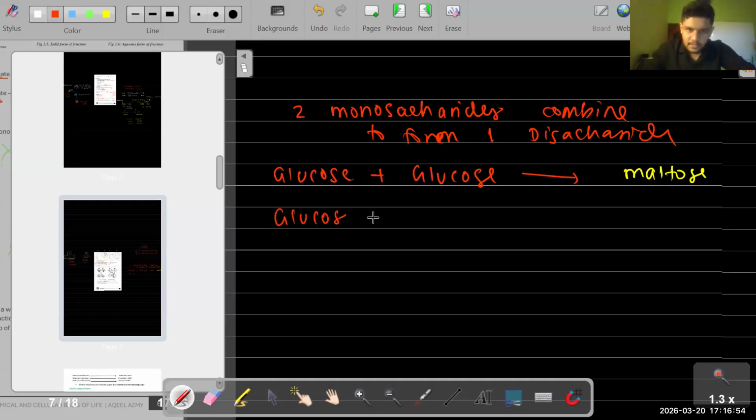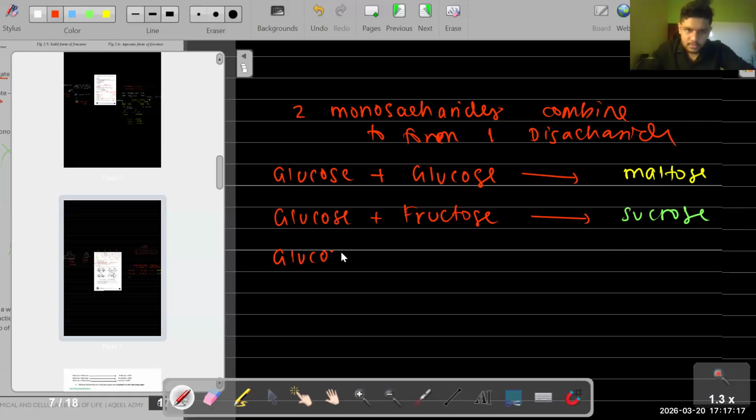When a glucose and a fructose react, a compound is produced. What is that compound? Sucrose, right? I'm sure you have come across these two, sucrose too, in your O levels.